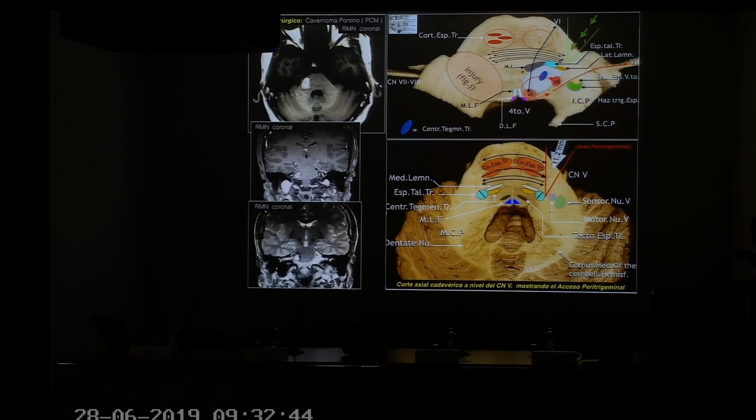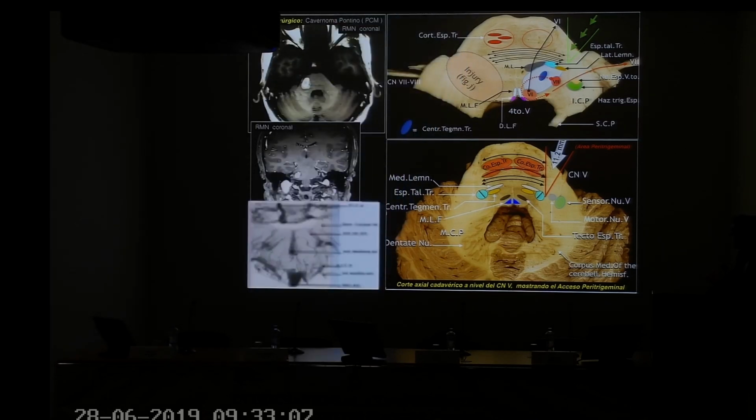But if you enter very deep, be careful, because you can damage the lateral lemniscus and spinothalamic tract. If you enter deeper, you can damage the nucleus of the 7th, and of course deeper, at the surface of the 4th ventricle, the nucleus of the 6th nerve.